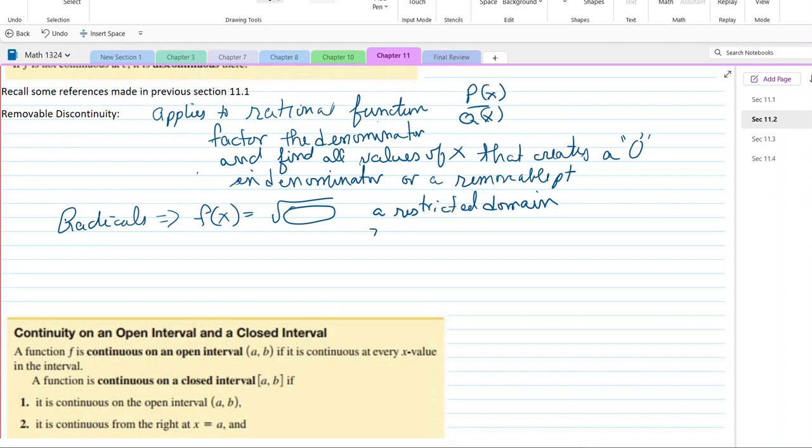So we have to verify it's not at the start or end of the domain.